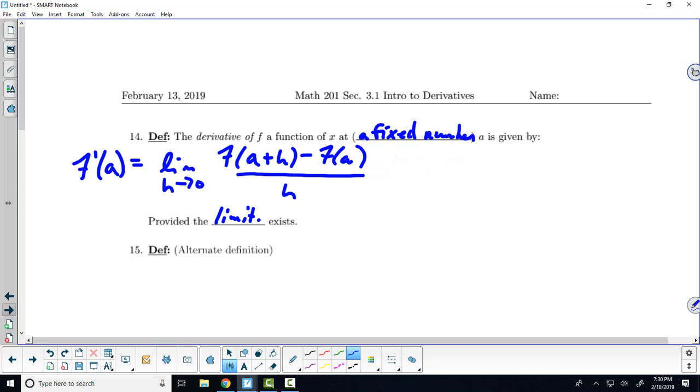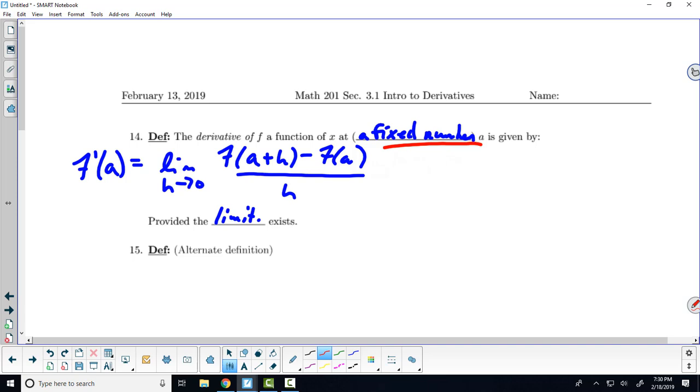I'm emphasizing this fact that this is a fixed number, and this is especially important for today's lesson because you're going to get no time to digest this before we jump into section 3.2. Oh, that was a Freudian slip there. You're going to have no time to digest this before we jump into the next section.